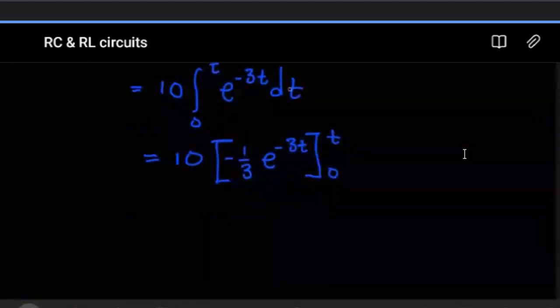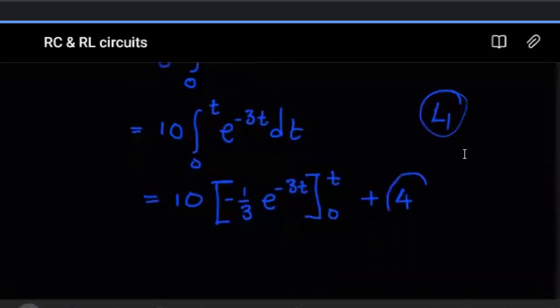We can even do this without those limits, but still fine. All we're saying is we're going to have a constant present here, and that constant will be the known value of the current present when we just started. Remember, the current initially there in the first inductor, L1, for t less than 0 was 4 amps. So that will be the constant of integration for this one.